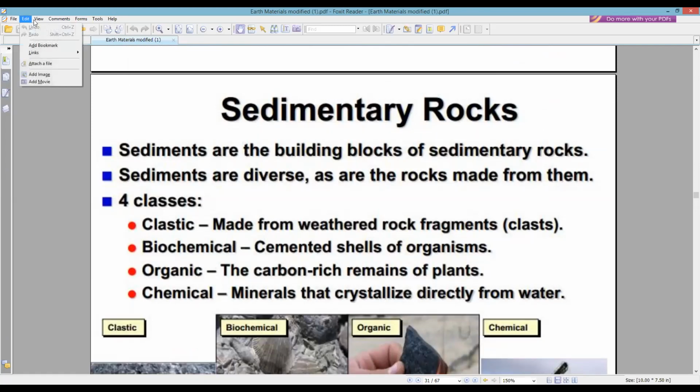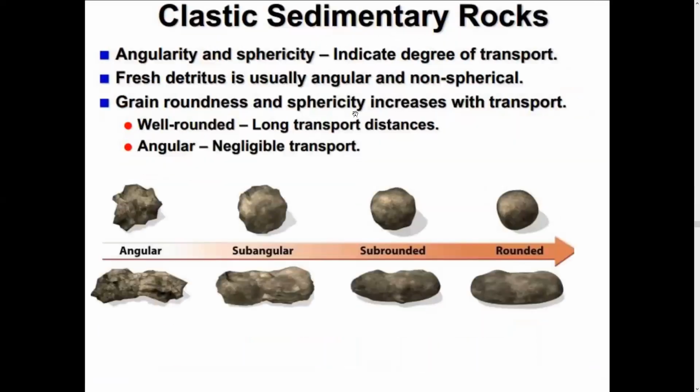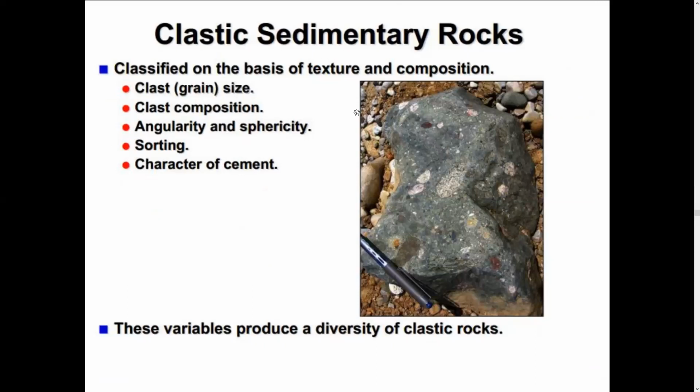So those are what we are going to deal with in more detail today, so that we can understand them a little bit more. Clastic sedimentary rocks made from fragments can be classified based on their texture and composition.